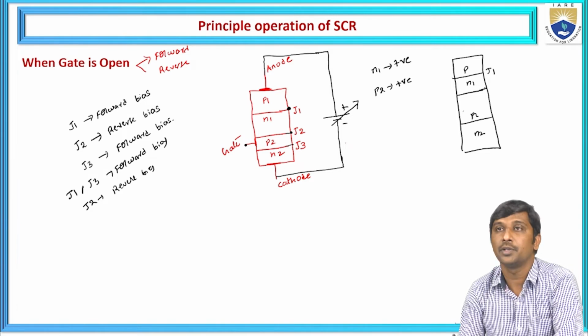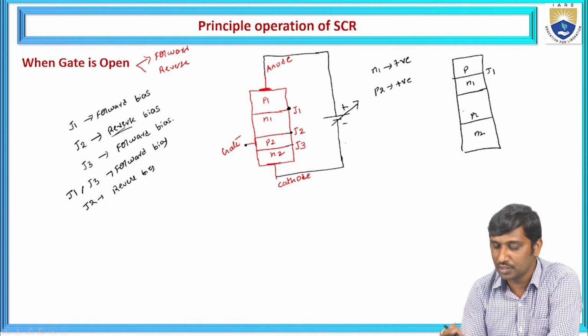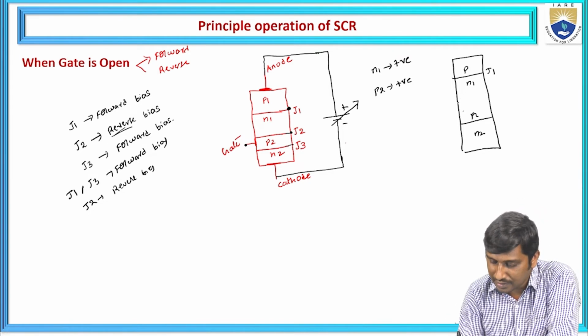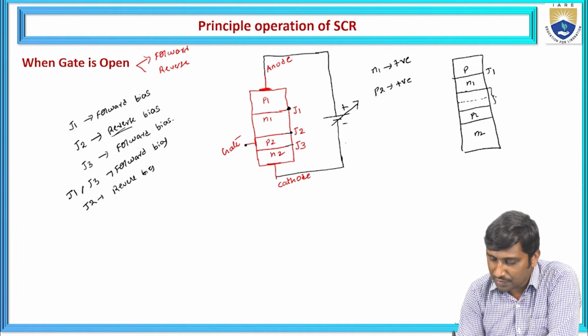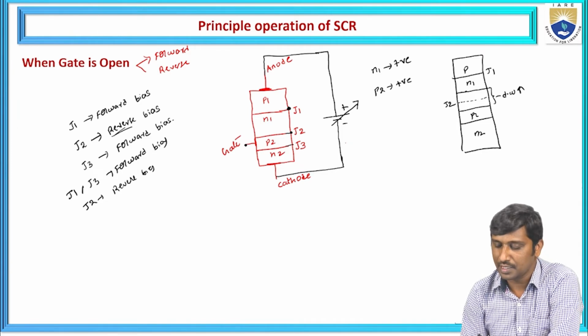But what happens in J2? J2 acts as a reverse bias. Hence, J2 being reverse biased means the depletion layer is increased. So this depletion width increases, and this junction is represented as J2.